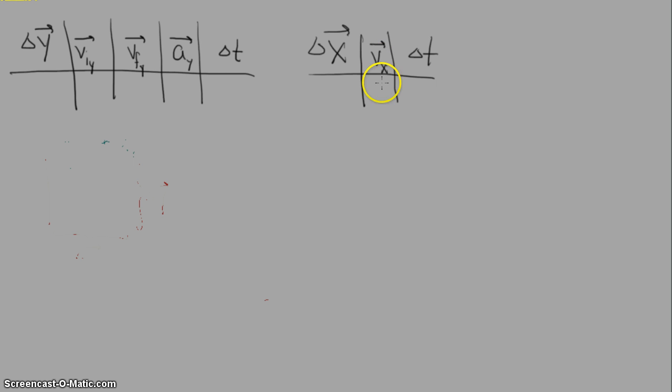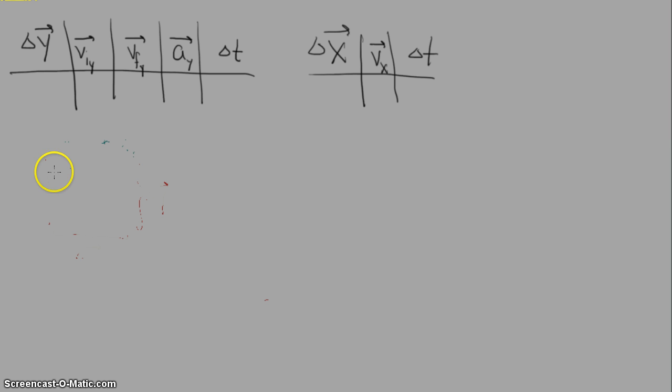So what I'm telling you is there is zero acceleration horizontally for a projectile. The only reason it accelerates or speeds up, slows down, changes its velocity is because of this gravitational acceleration that acts just up and down. Just down. It acts downwards.